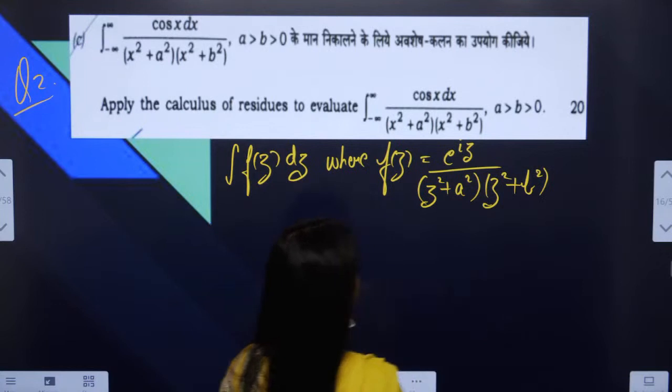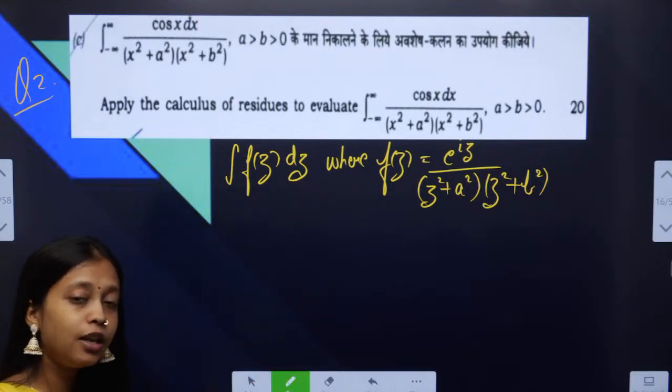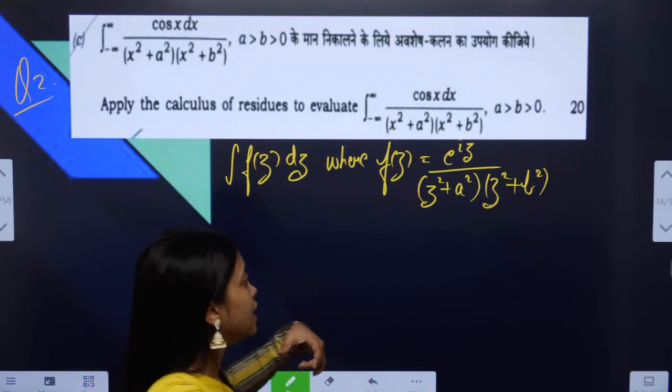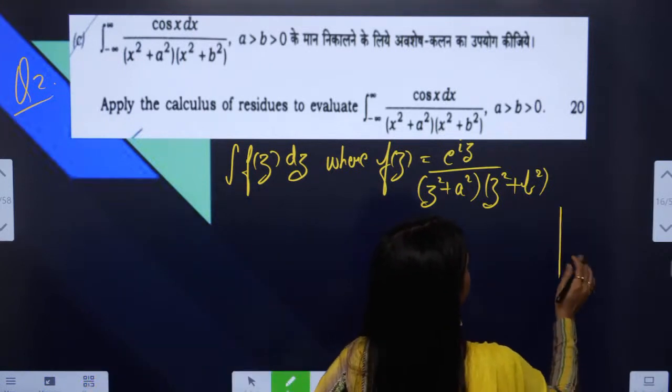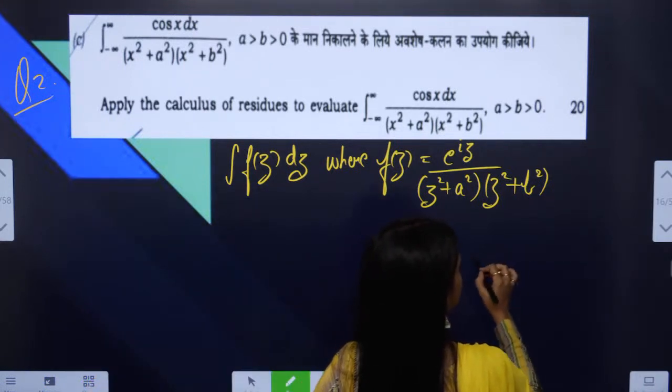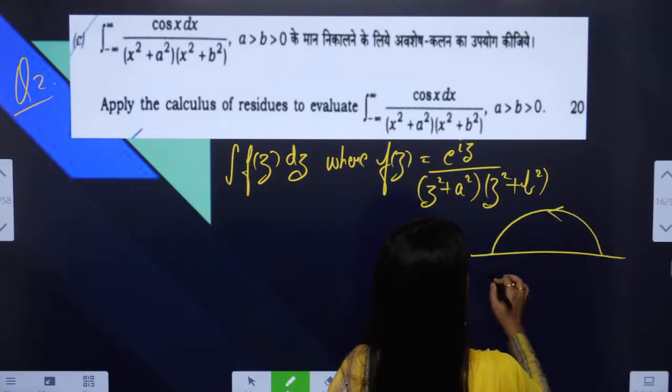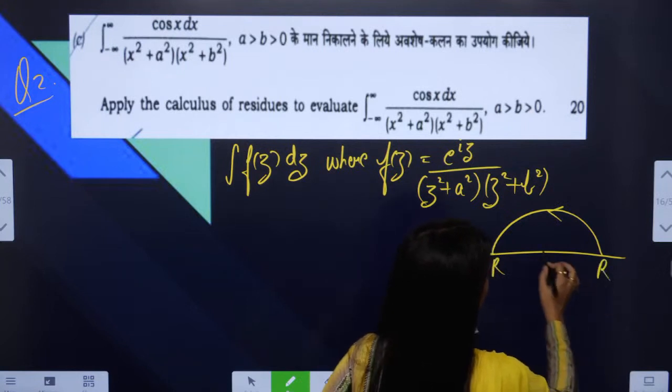You have to start with the integral, but you have to do the integration over a contour. Let that be a semicircle over here, again from minus r to r.